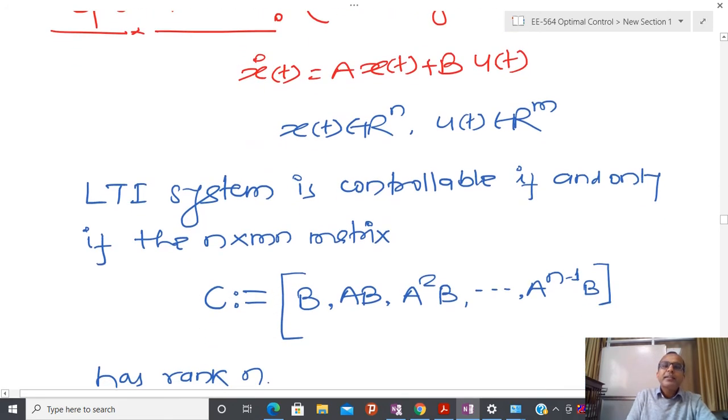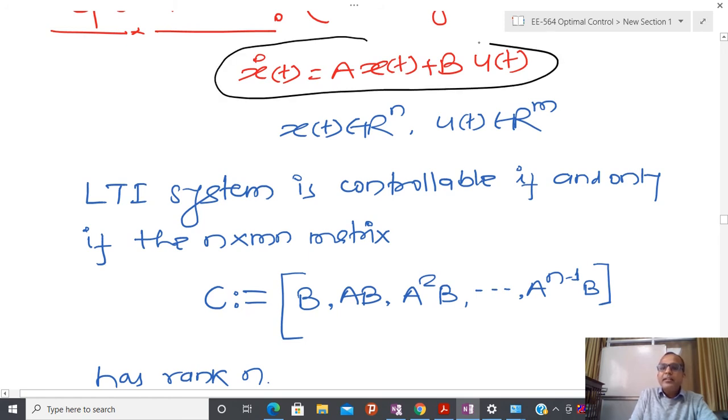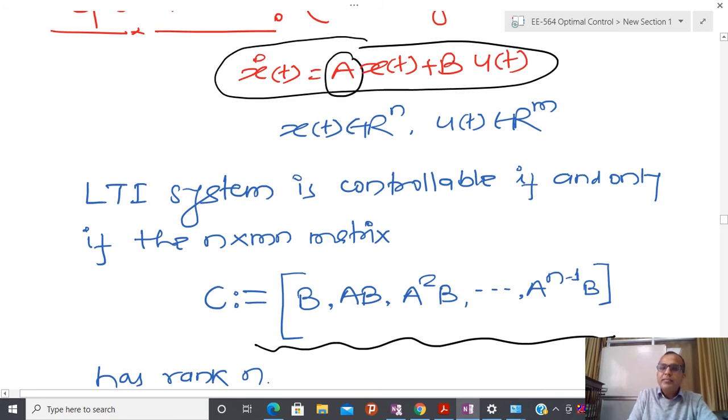Suppose I have a linear time invariant system, then I just have to check this particular matrix, which is called the controllability matrix. Here A is called the system matrix, and B is called the control input matrix.